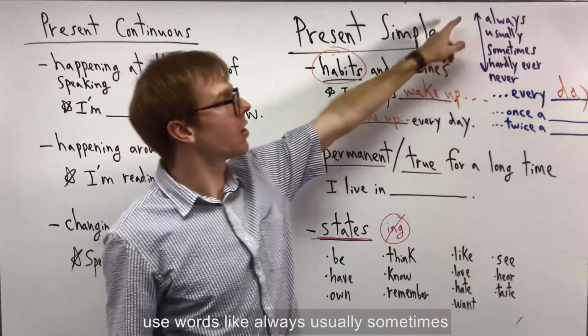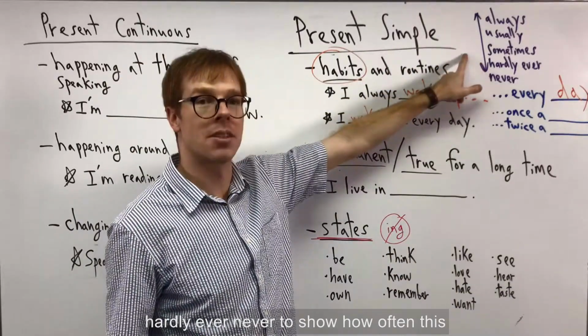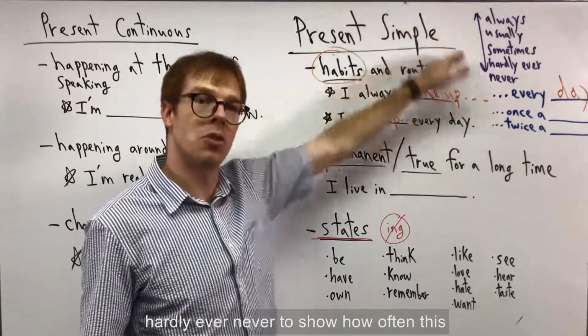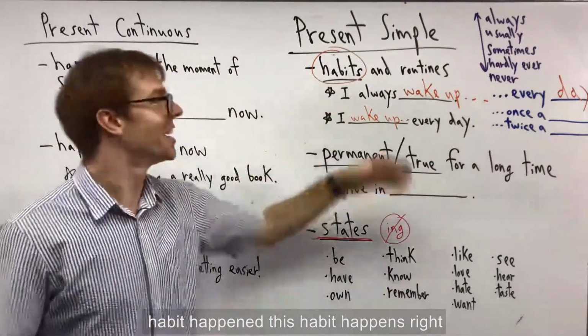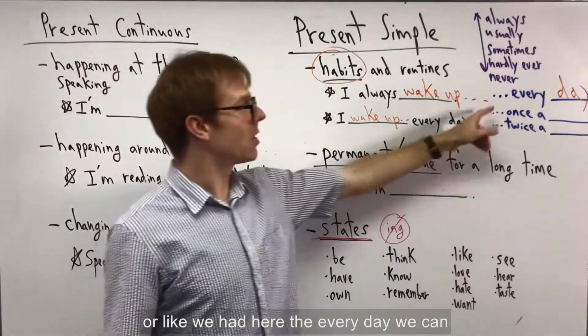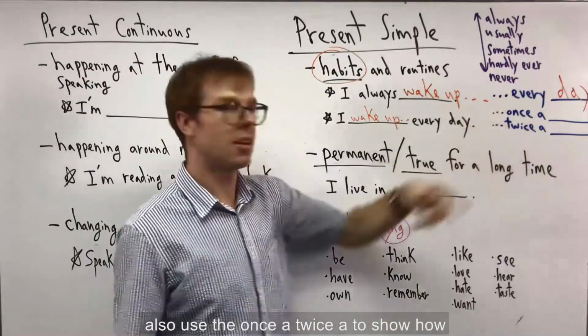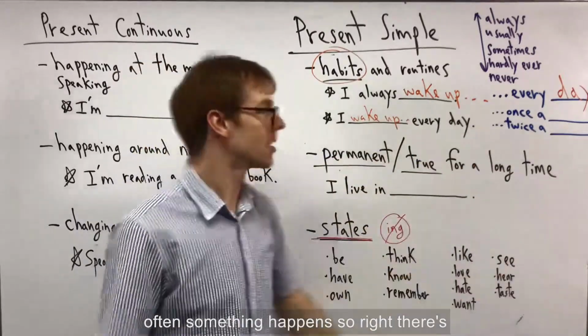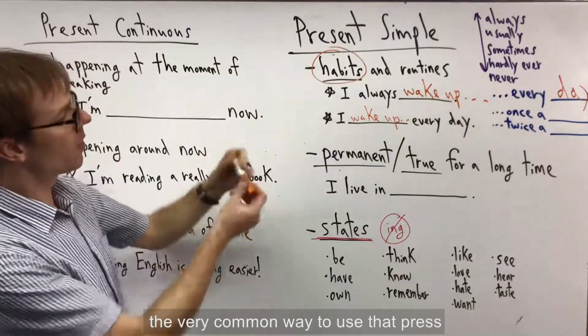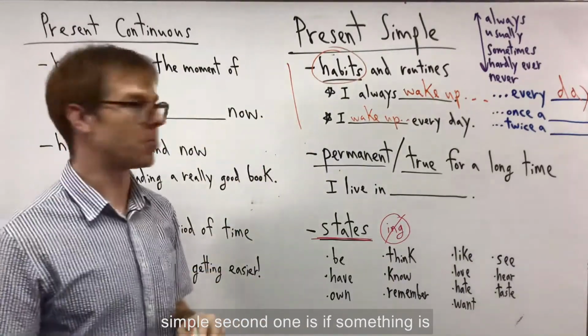You can use words like always, usually, sometimes, hardly ever, never, to show how often this habit happens. Or like we had here, every day, we can also use once a, twice a to show how often something happens. So, there's the very common way to use that present simple.